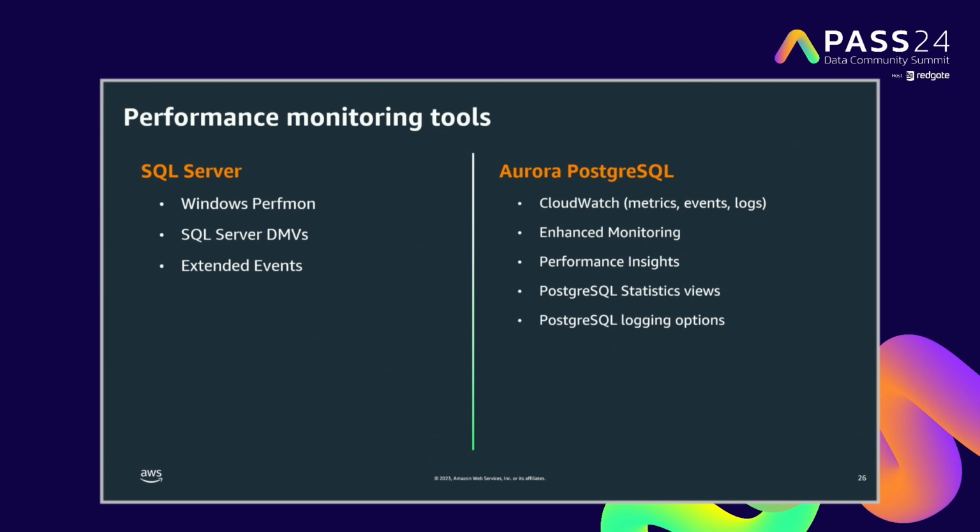And performance insights. Performance insights is a feature that's available at the console itself. So using performance insights, you can see what are the top 10 most resource-intensive queries. And you can also see the wait stats, like SQL Server wait stats.